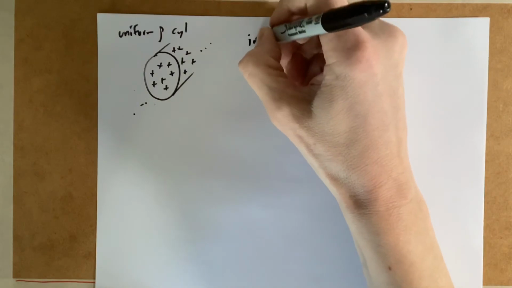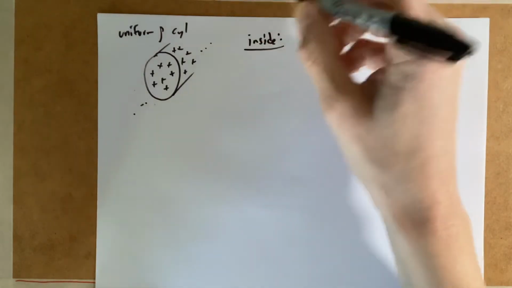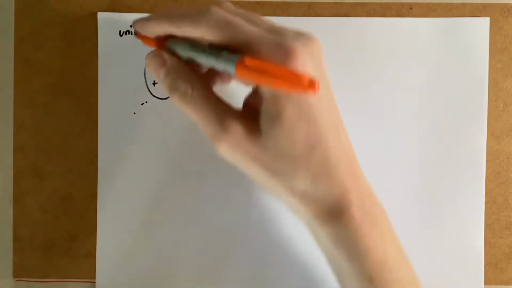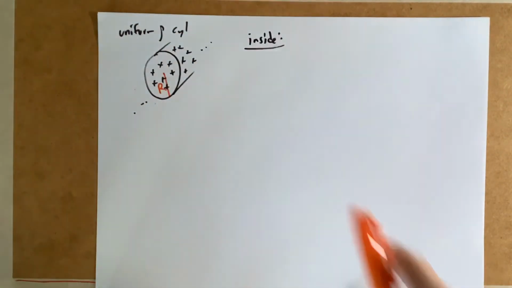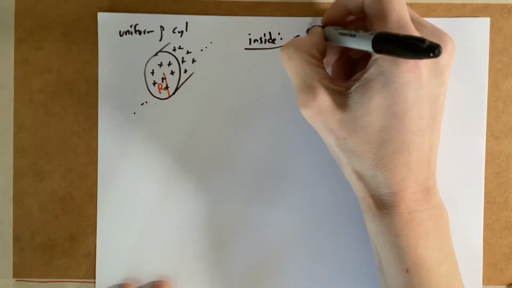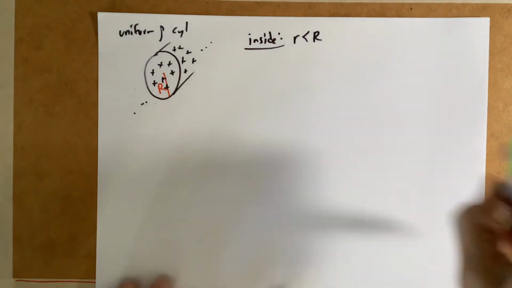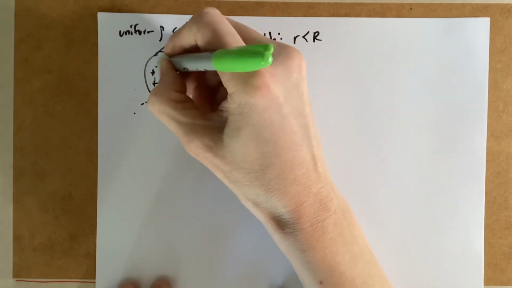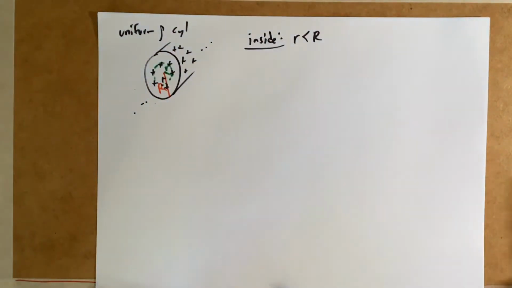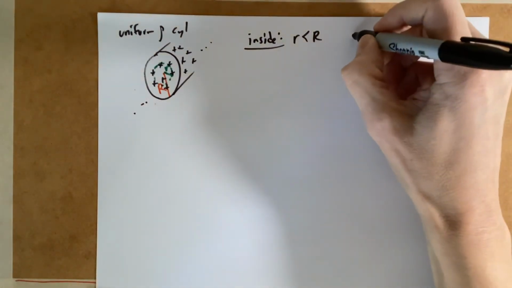Let's start by working on the inside. So now I have to give my cylinder a radius, capital R, and I'm going to put my testing surface inside. So it's going to be something like this.